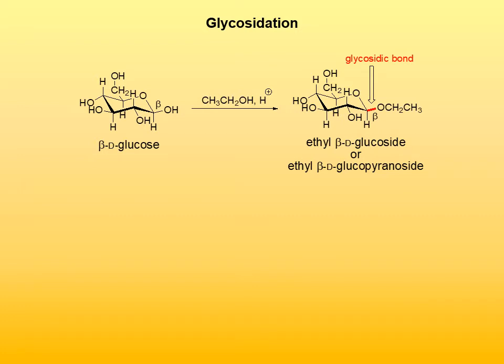In general, in chemistry, when we convert a hemiacetal to an acetal, we call it an acetal, or we convert a hemiketal to a ketal and call it a ketal. In carbohydrate chemistry, we call it a glucoside. So acetals or ketals in general are called glucosides. So when glucose reacts with ethanol, the product is the corresponding ethyl glucoside.